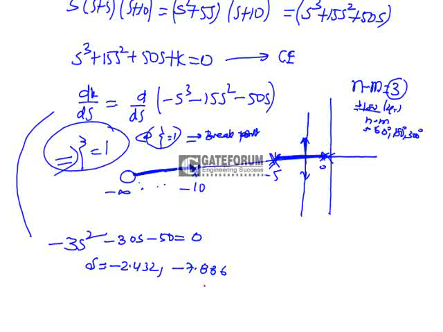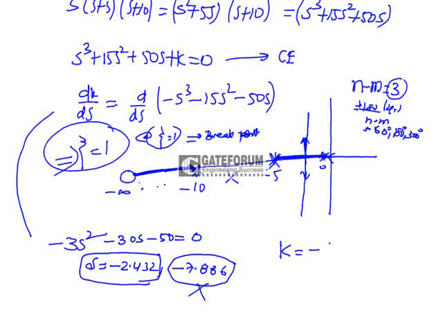If you see here, the minus 7.886 point lies between 5 and 10, and this branch does not lie on the root locus. That means we do not consider the minus 7.886 point. So what is the value of s here? s is equal to minus 2.432. Now what is the value of k?